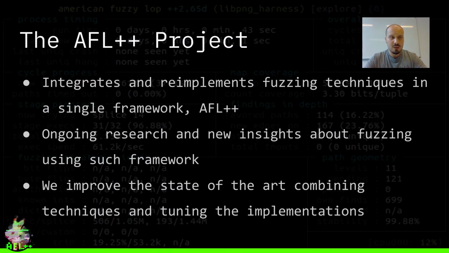We use the combination of these techniques to research new insights in fuzzing and use these new findings to improve the fuzzer, to make it better and better. We also, of course, do some research about fuzzing and we try to create new techniques in the framework, not only implementing previous works.